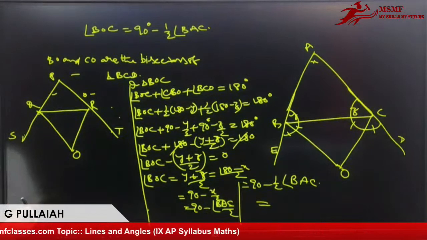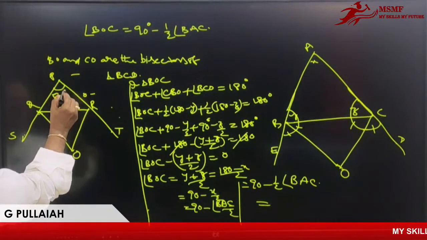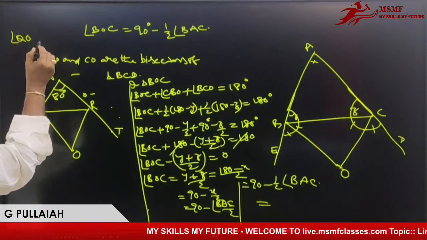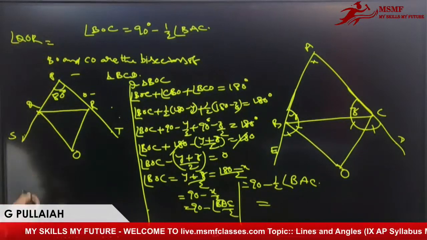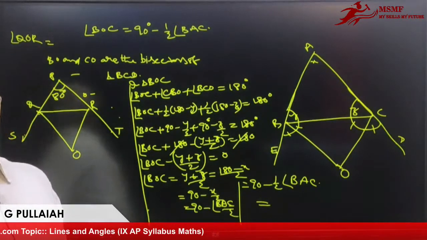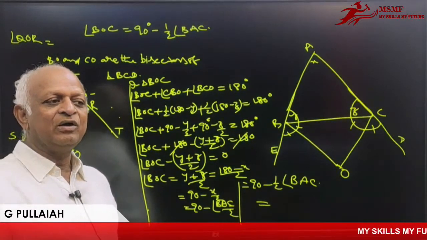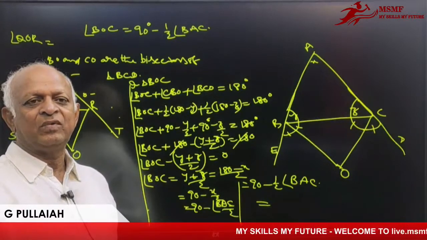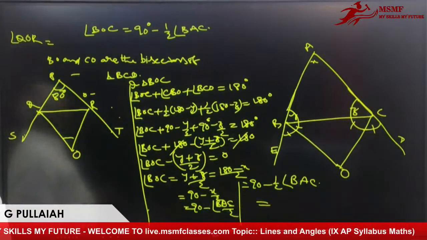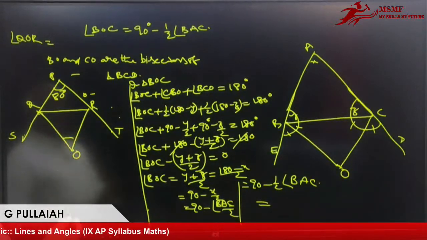Now if they give angle P is 80 degrees, find angle QOR. Remember very carefully, this QOR is an angle formed by joining the bisectors of the two exterior angles of triangle PQR.